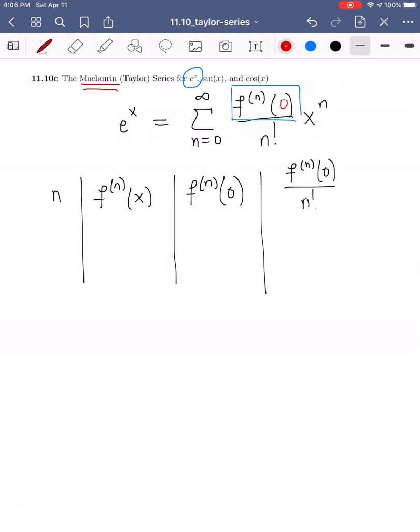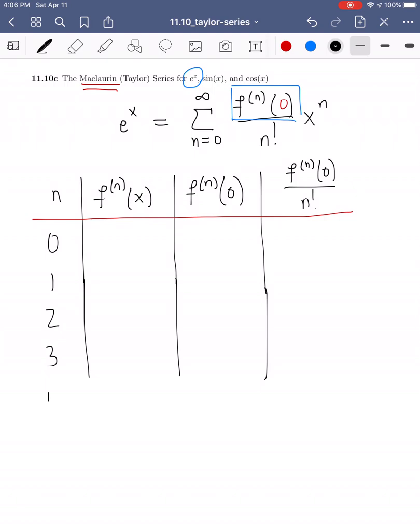So this is our table, and let's go ahead and start computing derivatives. We'll consider the first couple terms, say 1, 2, 3, and maybe the fourth term. The 0th derivative of e to the x is just the function itself, e to the x. If we evaluate e to the x at 0, that's just equal to 1.